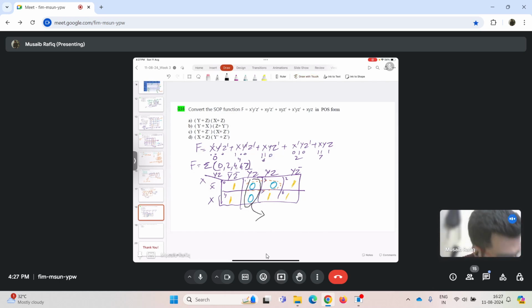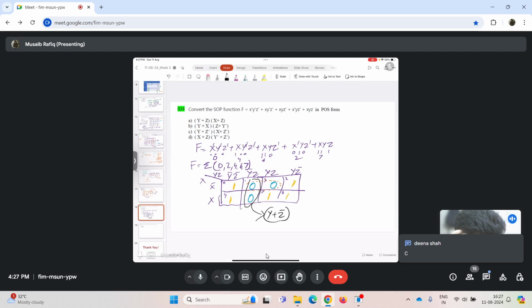So the contribution of this will be, so now be careful here. So we need to find POS form, that is the dual of SOP form. So this contribution, if it was SOP form, it was y bar z. But in POS form, it will be y plus z bar, right?